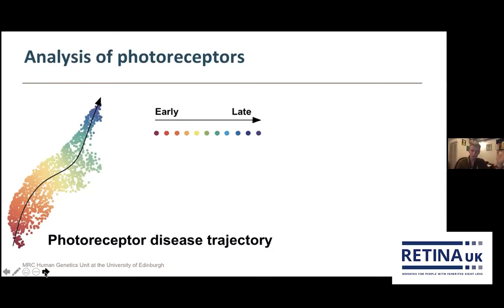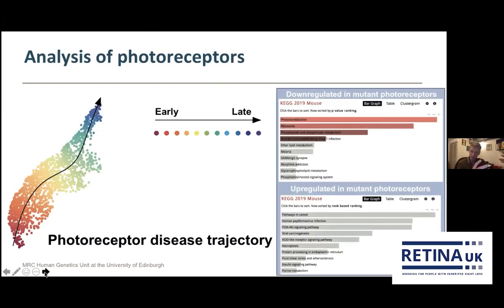And whenever we look at the RNA profiles of these different clusters, we look at the differences between the RPGR mutant and the wild type mouse, and we see that as the cells move from cluster 1 to 2 to 3 to 4, they start making less RNAs that are involved in phototransduction. And what I mean by that is light detection.